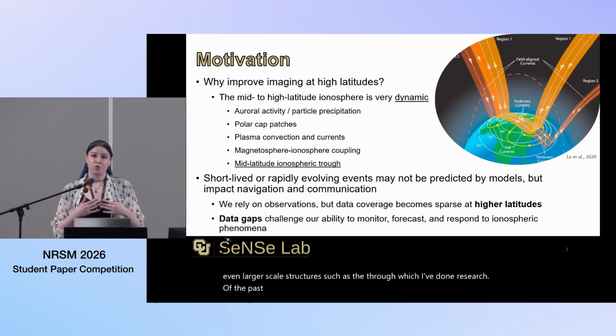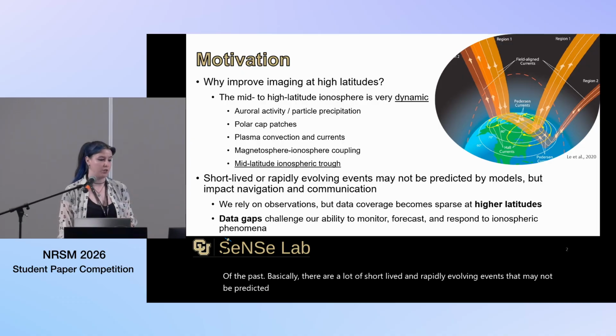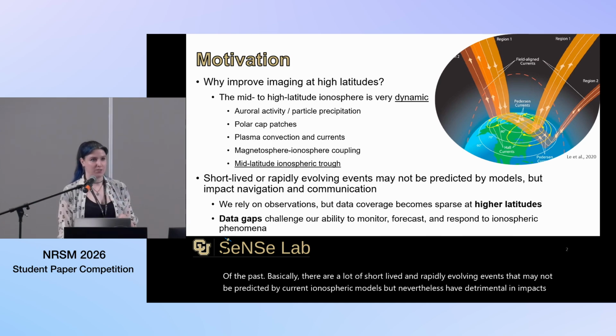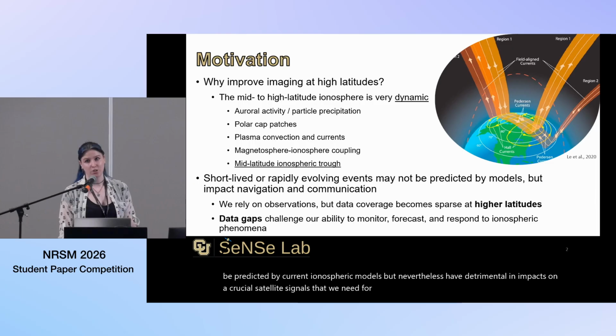Basically, there are a lot of short-lived and rapidly evolving events that may not be predicted by current ionospheric models, but nevertheless have detrimental impacts on crucial satellite signals that we need for navigation and communication.